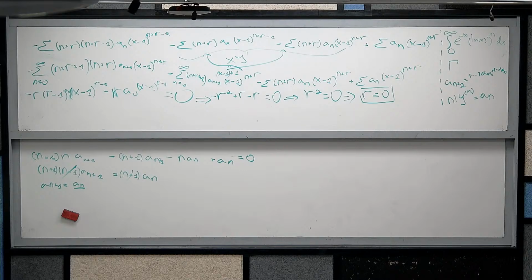Let's see. We're supposed to have n minus n plus 1.